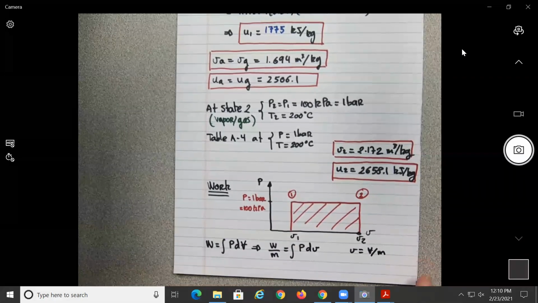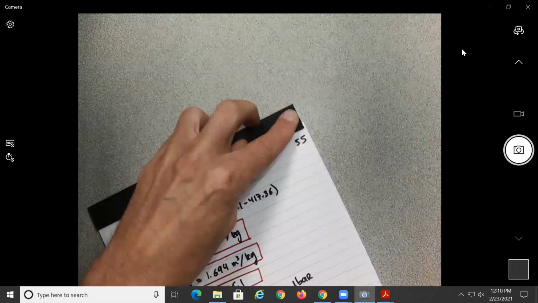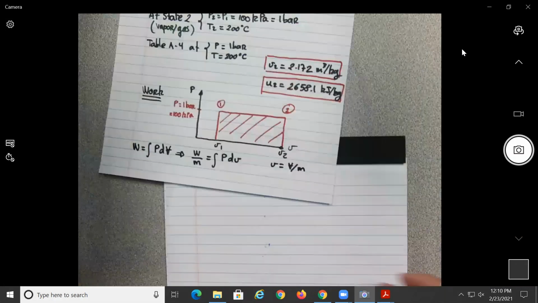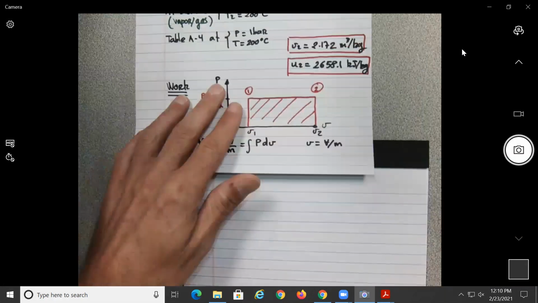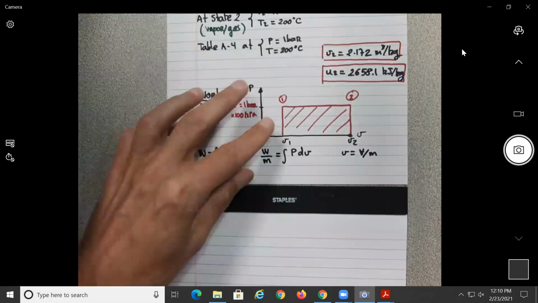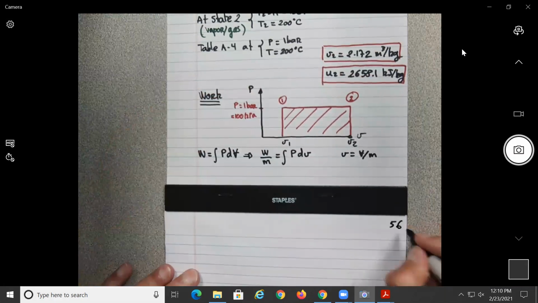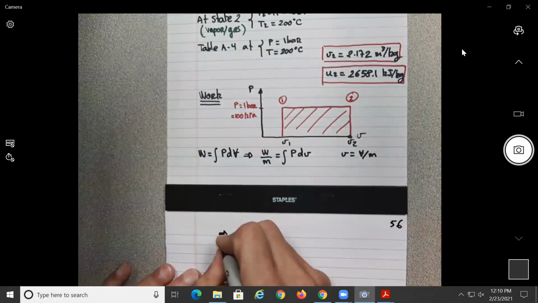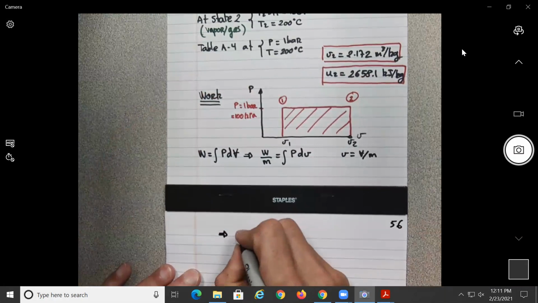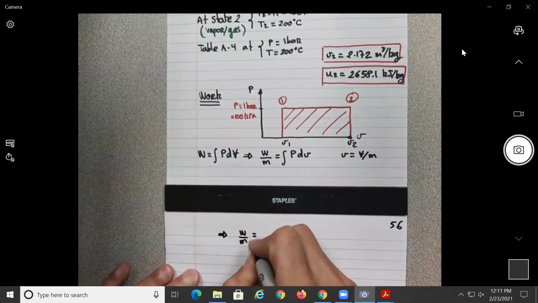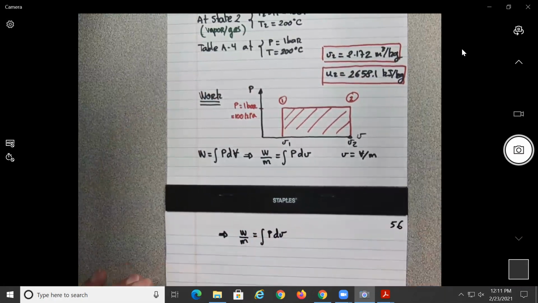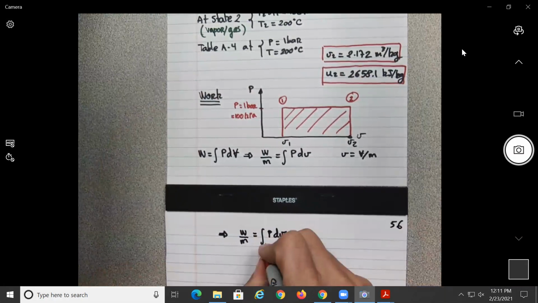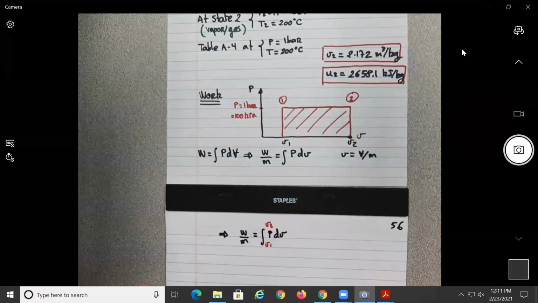All right, so if I go to the next page, this will mean work over mass equal to, let me write it here, the integral of P dv between V1 and V2.